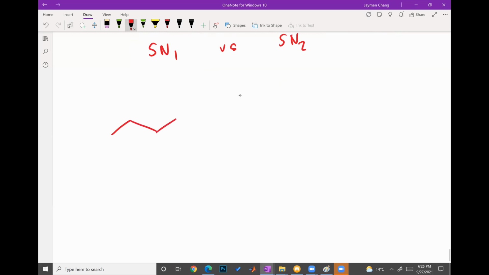So what we'll see with SN1 is if we have, for example, a bromine leaving group, and then we have some sort of nucleophile, maybe it's going to be water. This will actually form two products.